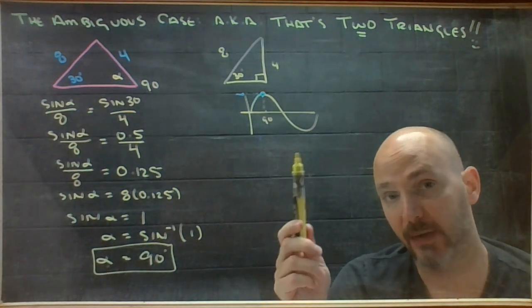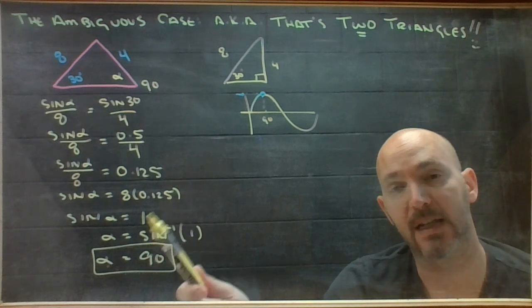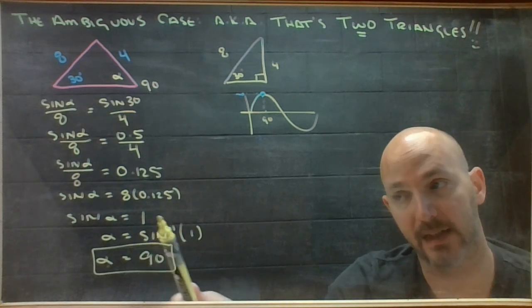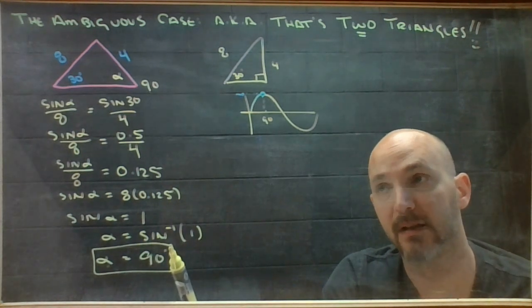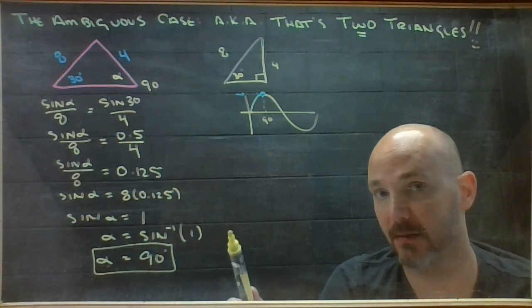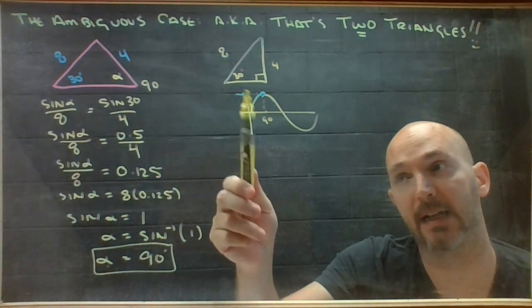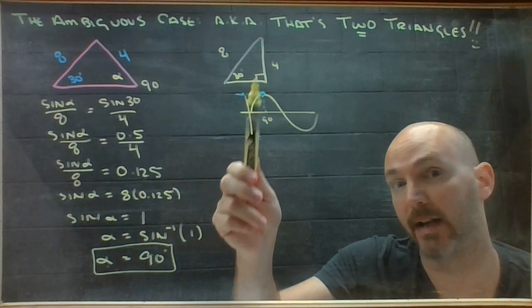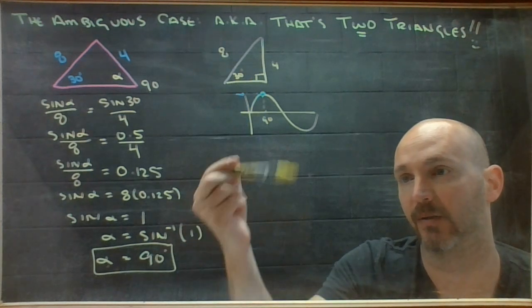So in this particular case, when you set up your arc sine and you get exactly 90 degrees, this question is not ambiguous because you happen to land on an exact right angle triangle. So not ambiguous.